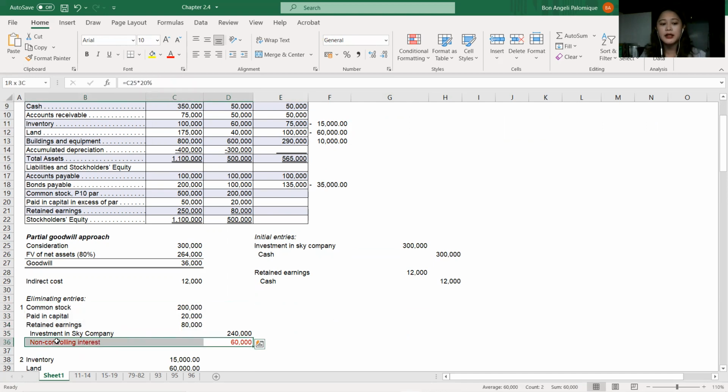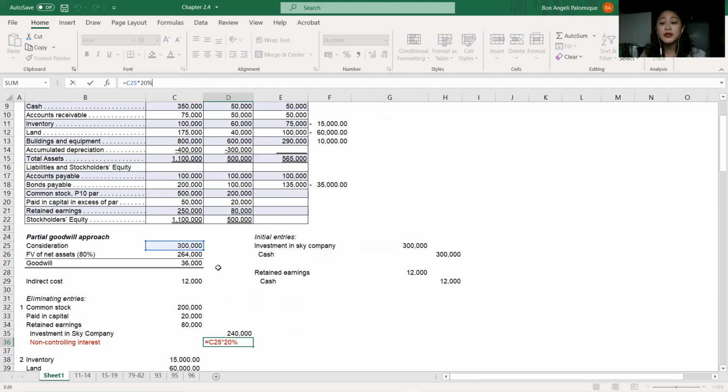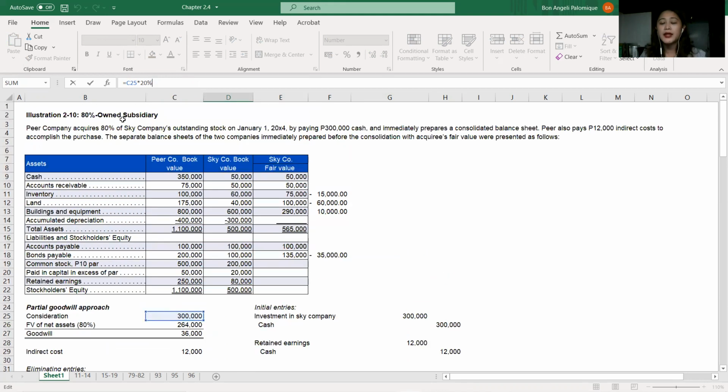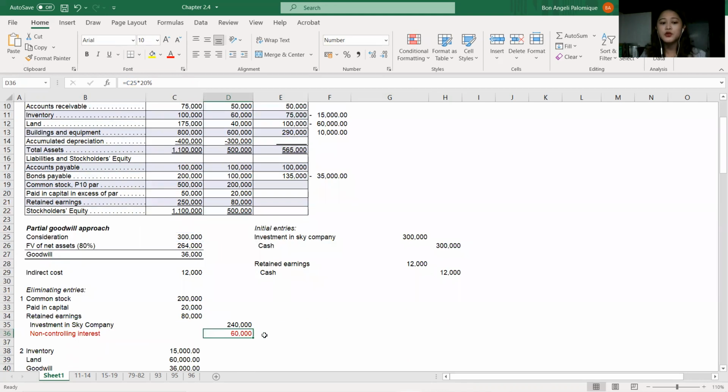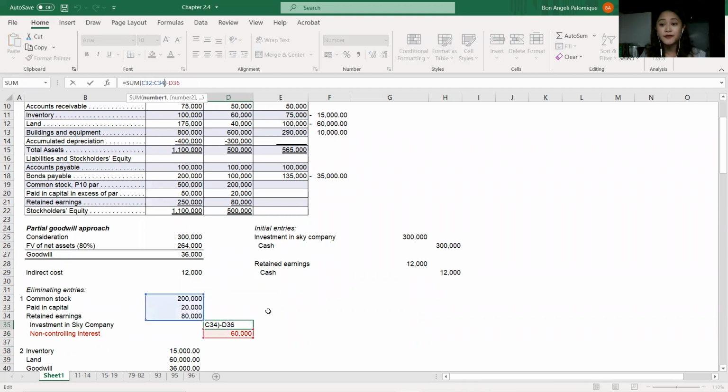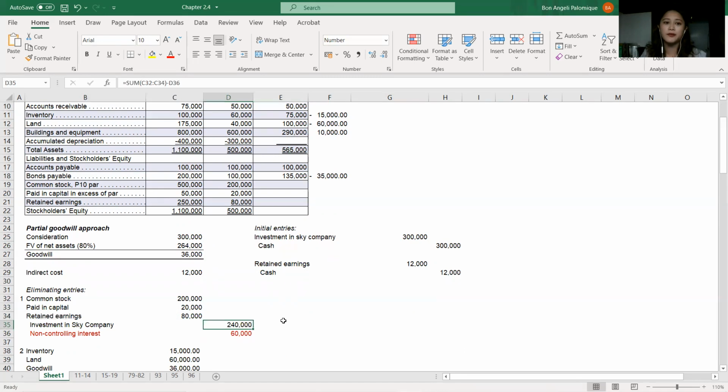So, nagkaroon tayo ng intro about paano kinocompute yung NCI. So, ang NCI natin is total dito, consideration, 300,000 times 20% or yung NCI portion. So, that will be 60,000. So, ang pang balancing figure natin is the investment in Sky Company, which is 240,000.